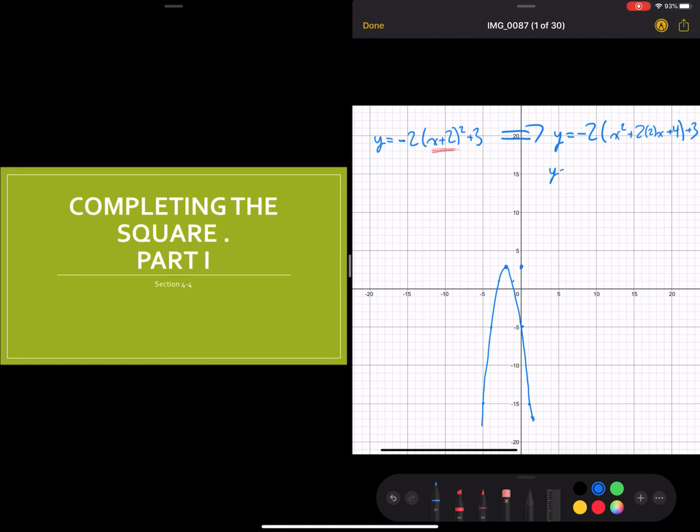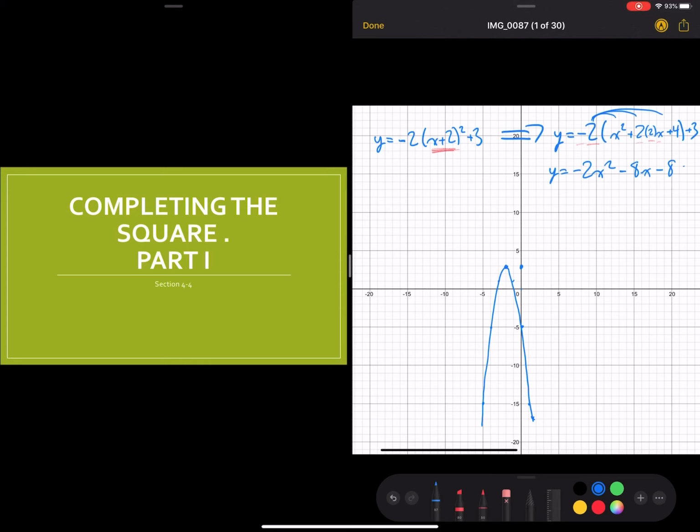Now let's rewrite that. Let's distribute this minus 2 to everything. Minus 2x squared minus 8x. How did I get 8x? Well, that was minus 2 times 2 times 2 times x. That's minus 8x. And the next step is minus 8.